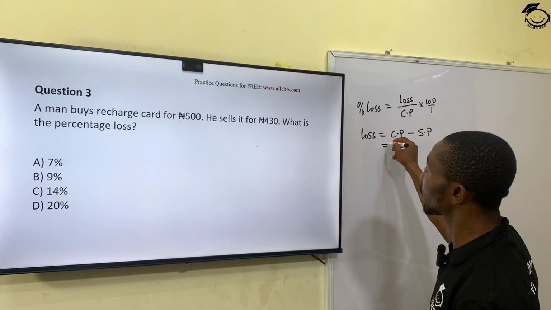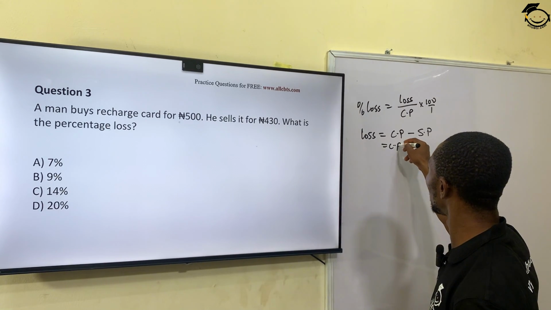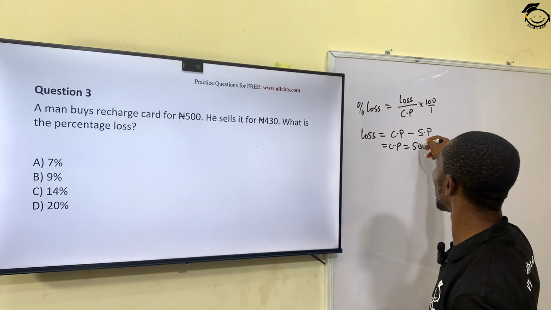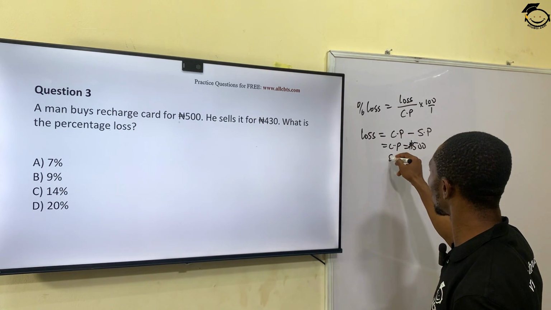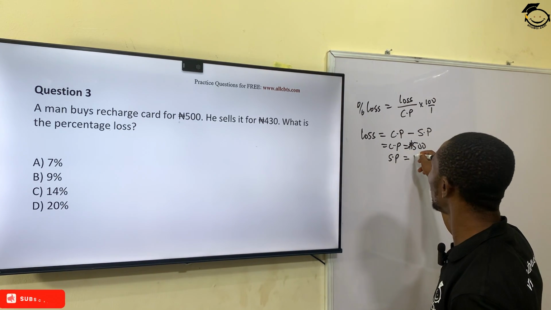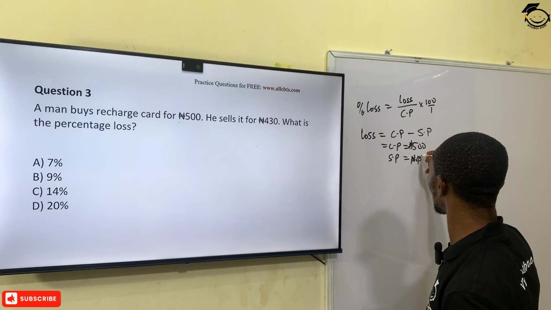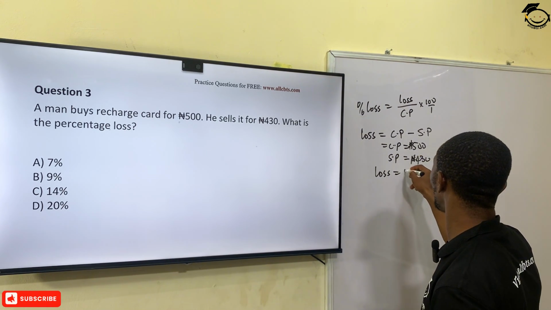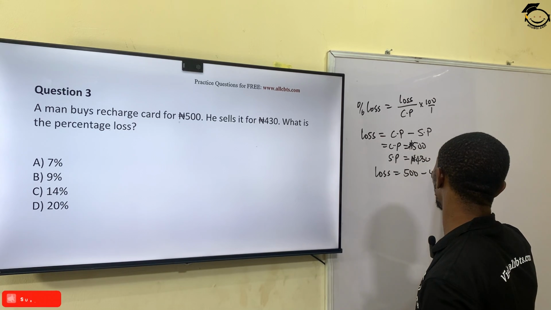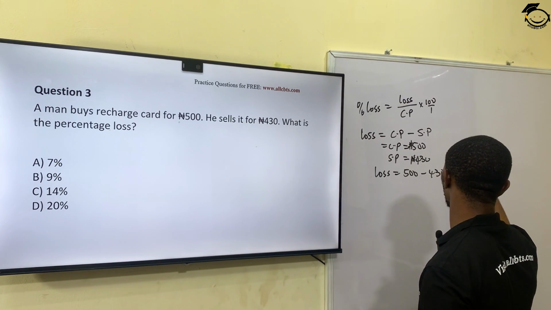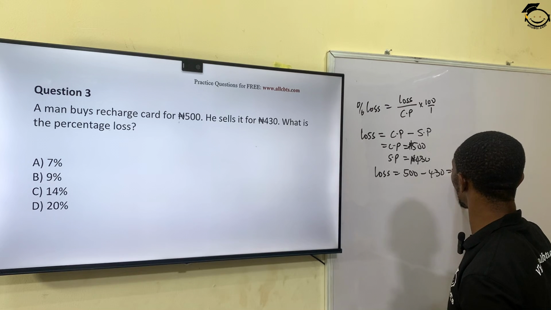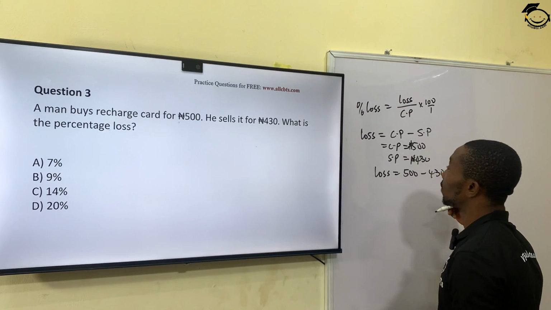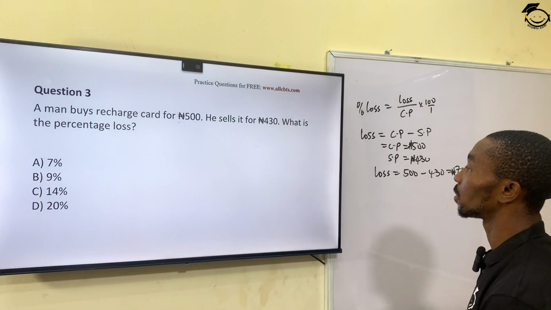In this case, our cost price is 500 naira and our selling price is 430. So our loss would be 500 minus 430, which gives us 70. So he lost 70 naira in selling the recharge card for 430 naira.